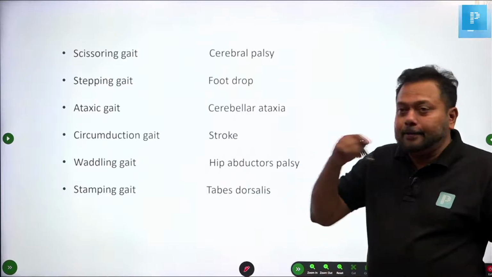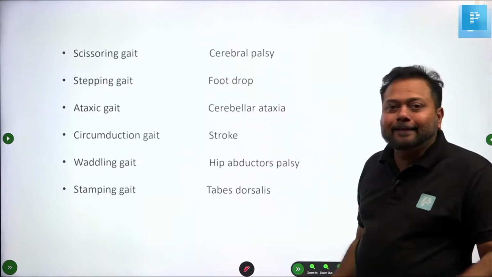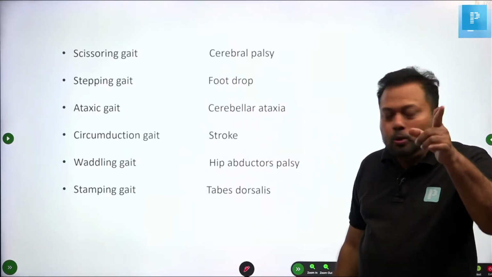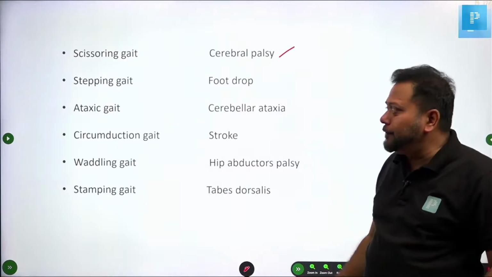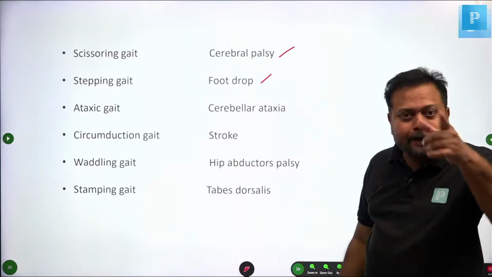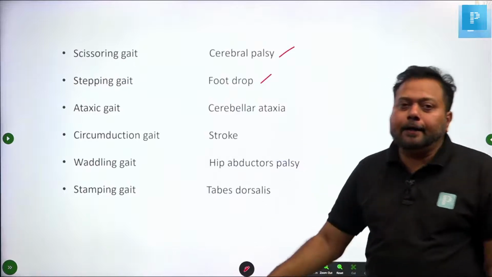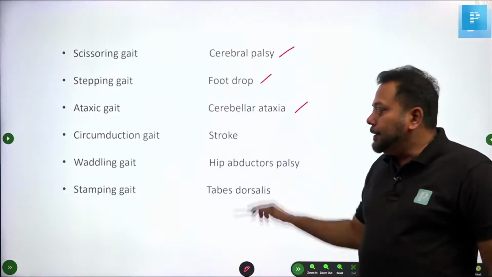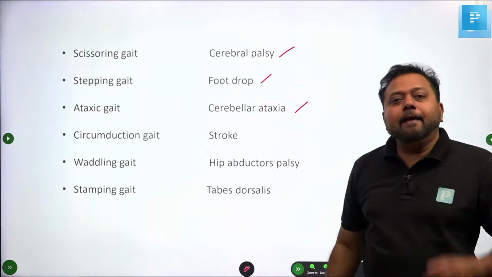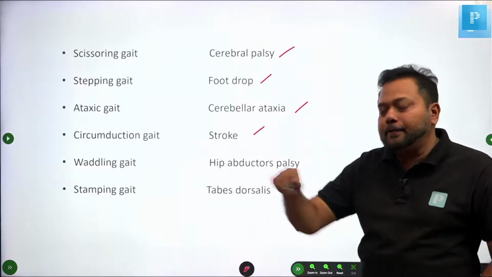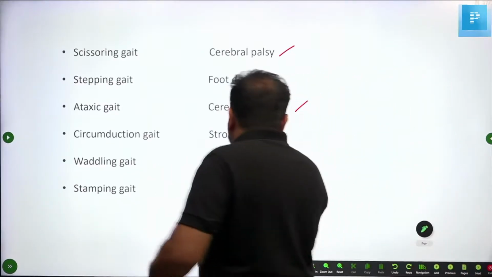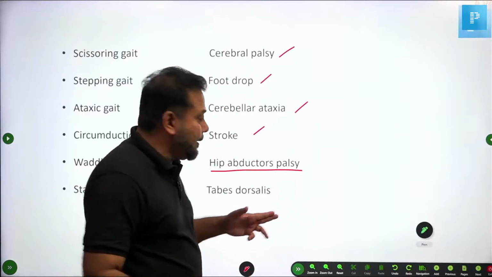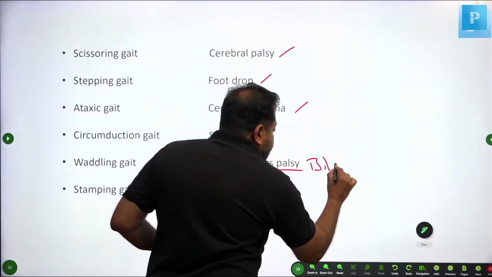You see scissors gait, don't forget cerebral palsy. These are all just last resort revision. High stepping gait, foot drop. Ataxic gait, otherwise called drunken gait, cerebellar ataxia. Circumduction gait, hemiparesis, stroke. Duck waddling gait, bilateral, the mechanism is hip abductor palsy.